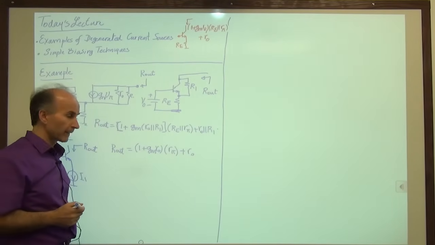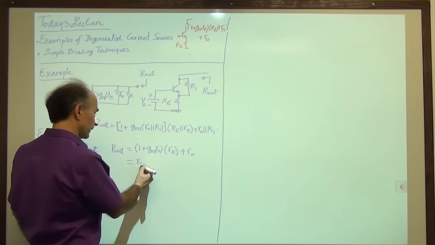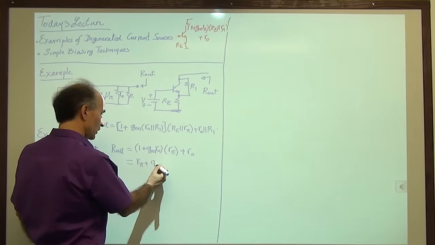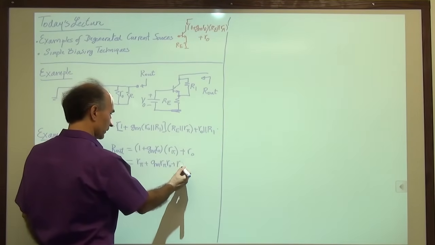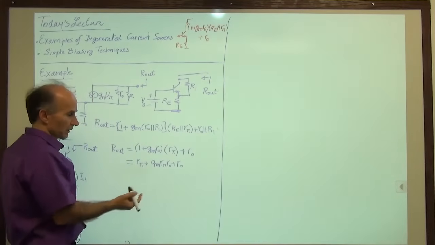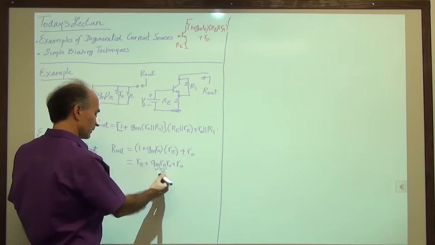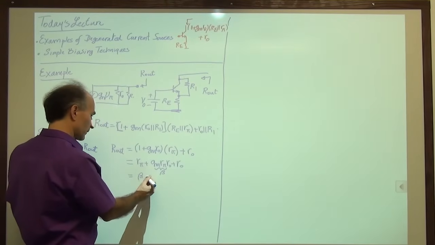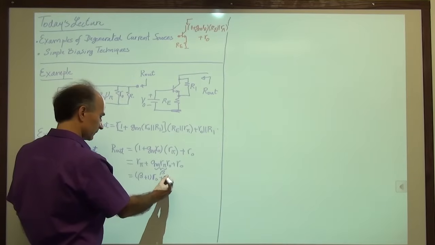All right. Now, if we multiply this out, we get R pi plus GM R pi RO plus RO. And sometimes we group these because GM R pi is just beta. So we can write this as beta plus 1 times RO plus R pi.